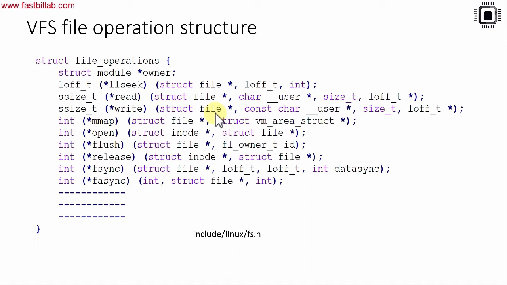This structure is a collection of various function pointers, and all these are possible file operation methods for a regular file or for a device file. In this course, we will be using lseek, read, write, open, and release. So you need to implement the lseek, read, write, open, and release methods in your driver, and after that you have to initialize these member elements using the struct file operations variable that you defined in your driver file.